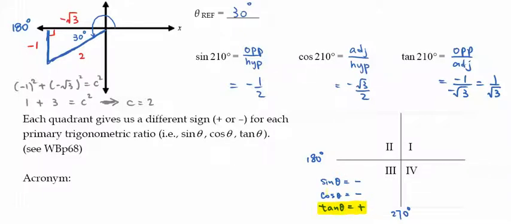But then back in example number 1, we had a negative ratio for sine, a positive ratio for cosine, and again a negative ratio for tangent. In this quadrant, anything that goes between 270 and 360, in quadrant number 4, you will see a positive ratio only for cosine.